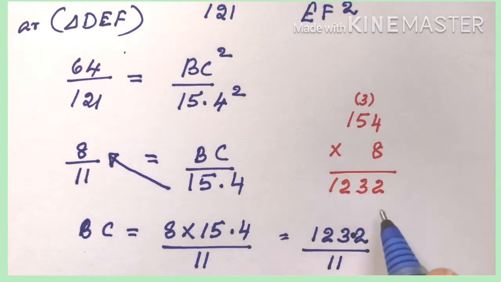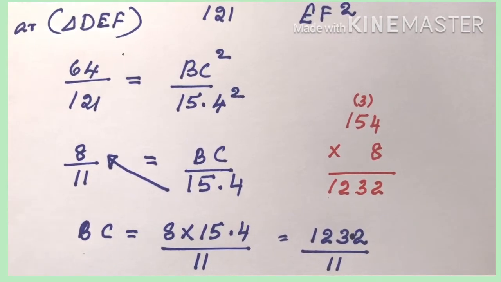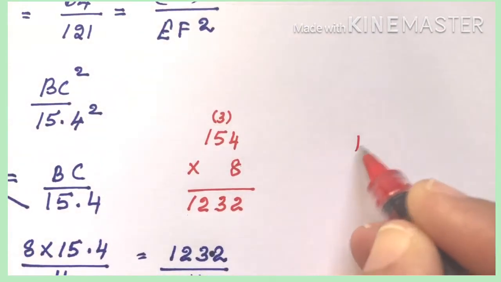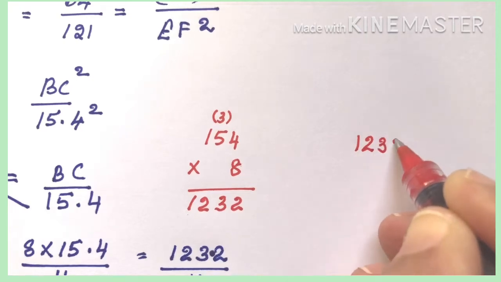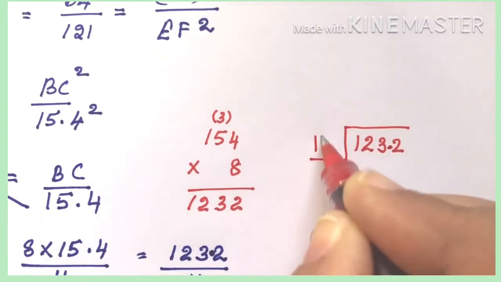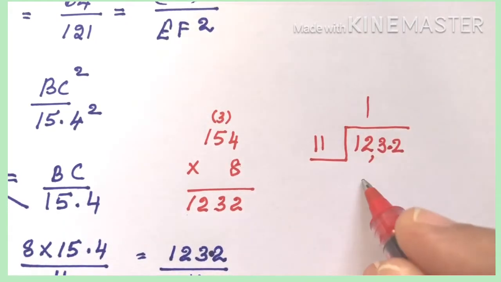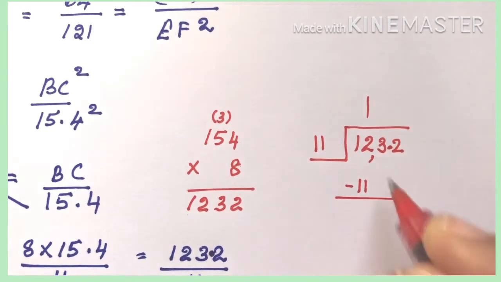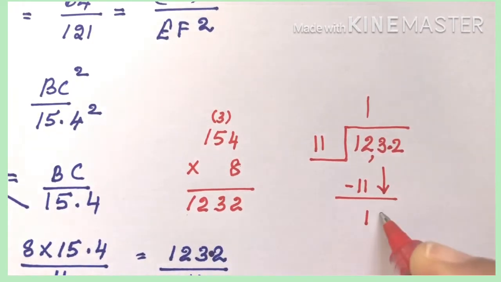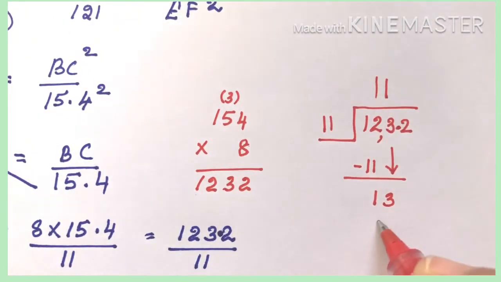123.2 by 11. To get the answer for BC, we need to take 123.2 and divide by 11. Digit by digit division. First we look at 12: 1 times 11 goes, and the balance is 1. Take the next digit down, it is 13. Again 1 times 11 is 11, and we get the balance 2.